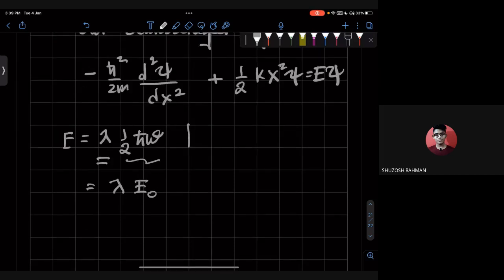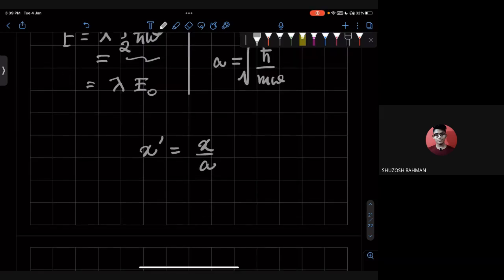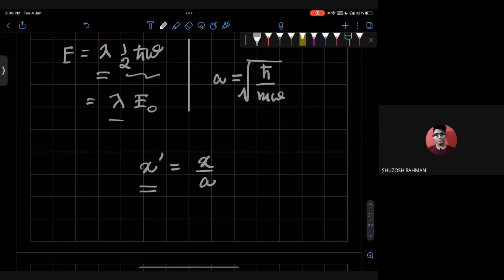And then we also have the classical maximum amplitude A, and that's going to be the square root of h bar divided by m omega. And then I define x prime to be x by A. Then I express everything in terms of these.